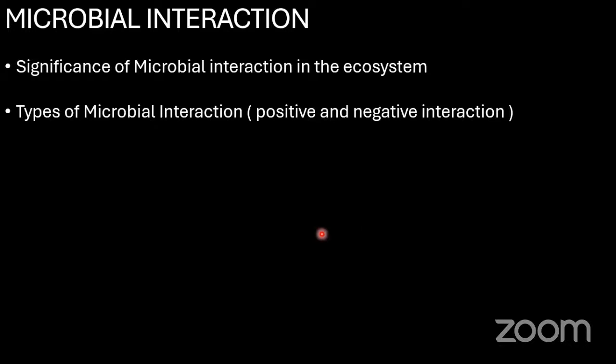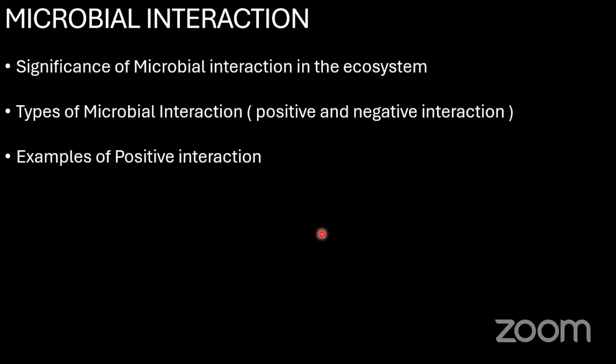Now, we have types of microbial interaction. We have positive and negative interaction. Positive interactions are interactions that usually lead to a beneficial outcome, whether both parties benefit or one party benefits and the other one does not get injured.